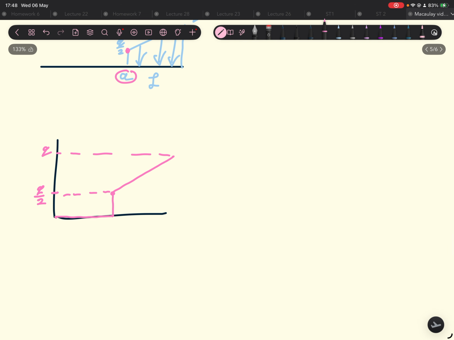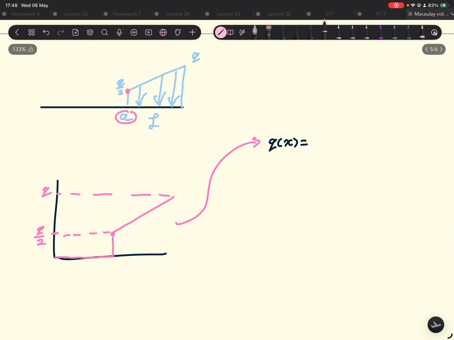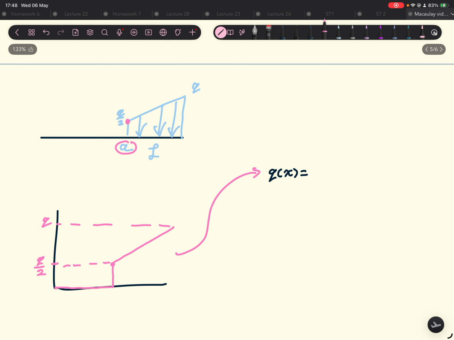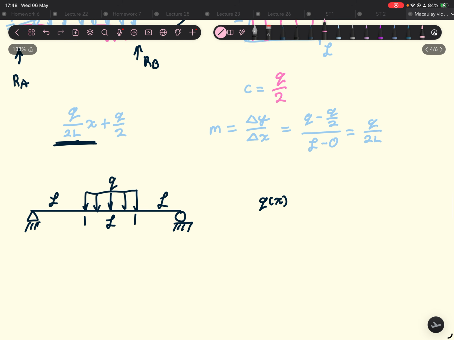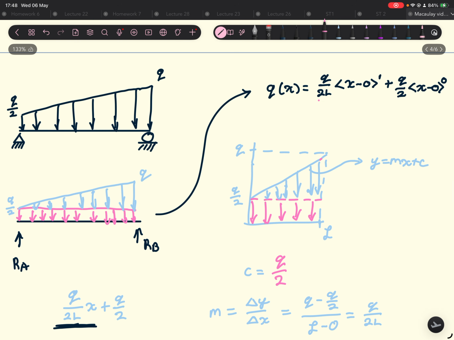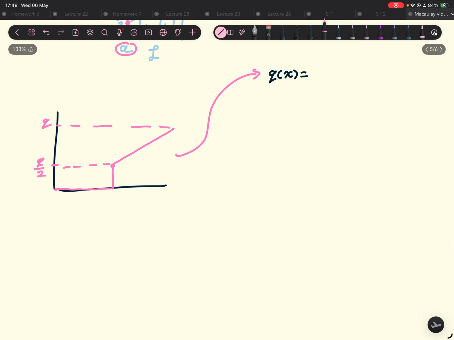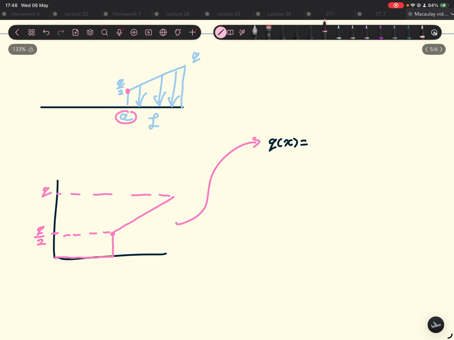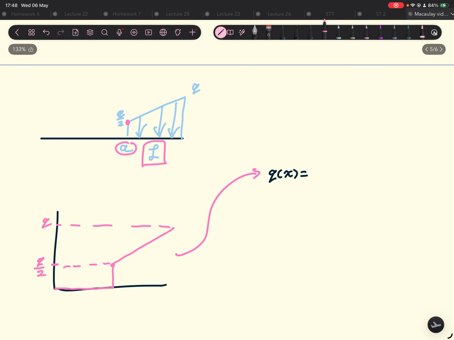right? So to express this in Macaulay brackets, you would get Q of X is equal to, and then you'd write the gradient. So I'm doing the QX part, so this part over here, and assuming that everything remains the same, like L is the same and all of that, so the equation itself doesn't change.